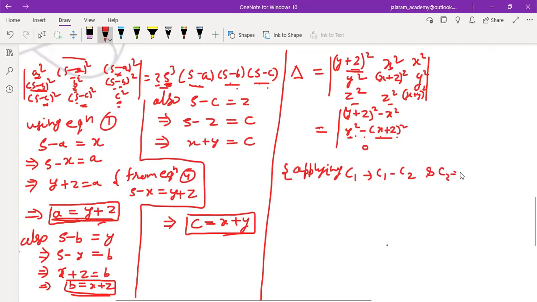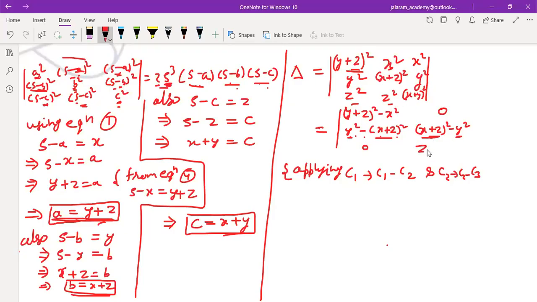And also C2 is operated as C2 minus C3. So it is giving x square minus x square 0, x plus z whole square minus y square, and its factors will be x plus z plus y into x plus z minus y, where x plus z plus y means x plus y plus z, which is s.